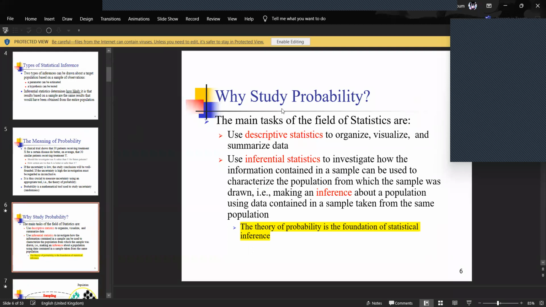So why do we study probability? There are two things that we do in statistics. We do descriptive statistics, where we take data, organize, visualize, and summarize it. And then we do inferential statistics, where we take that same data and look at the general population, saying that our sample is similar to the general population.